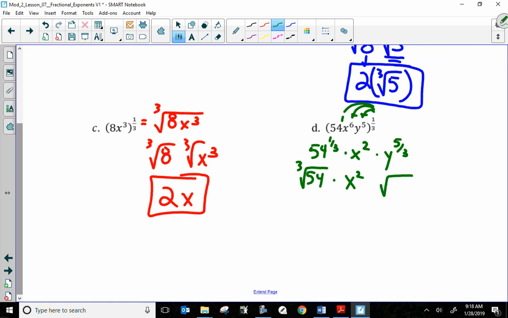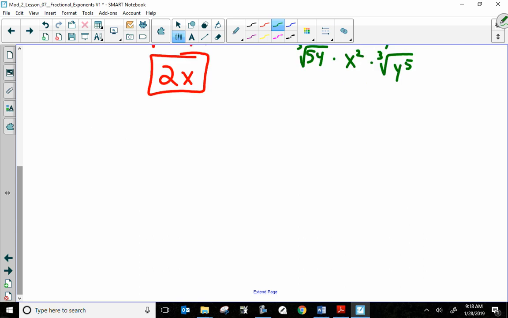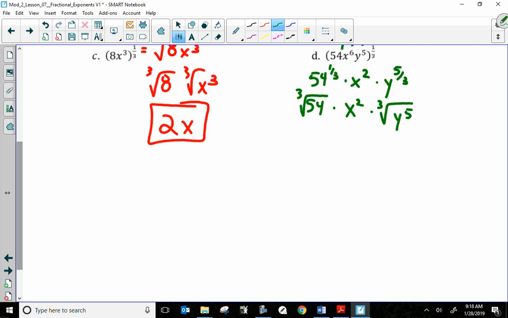And this is top down, bottom out. So I really only need to simplify my cube root of 54. I know the biggest perfect cube that goes into 54 is 27. So it's 27 times 2. They're both cube roots.